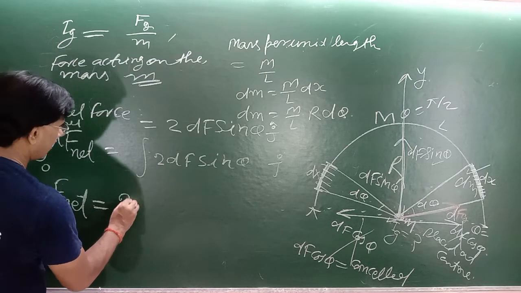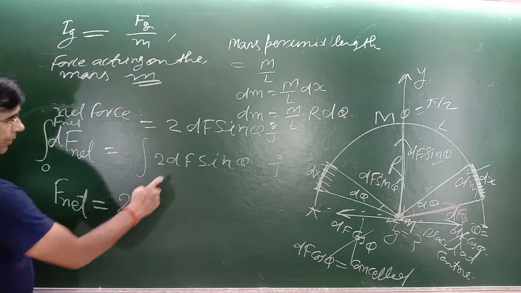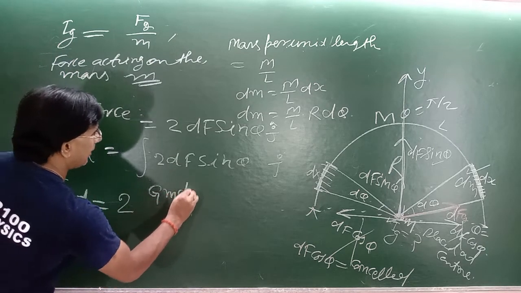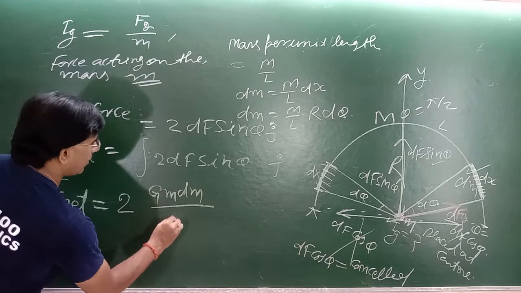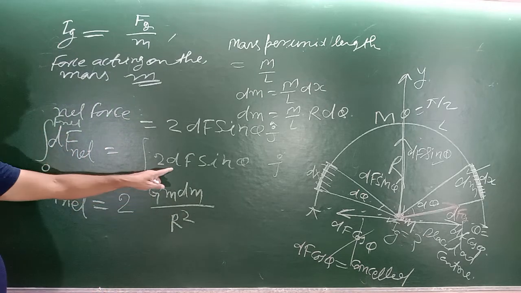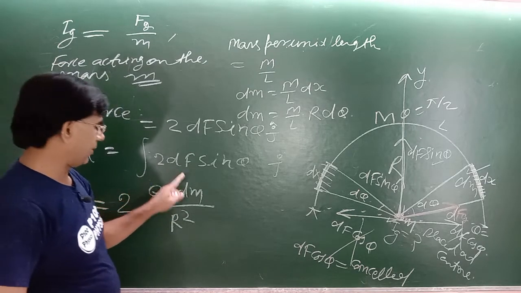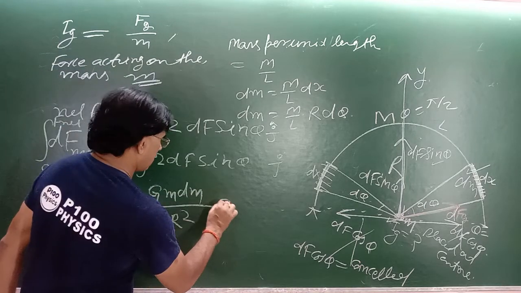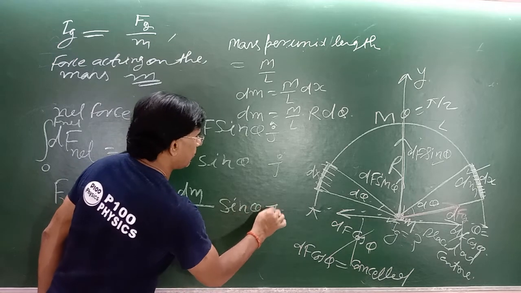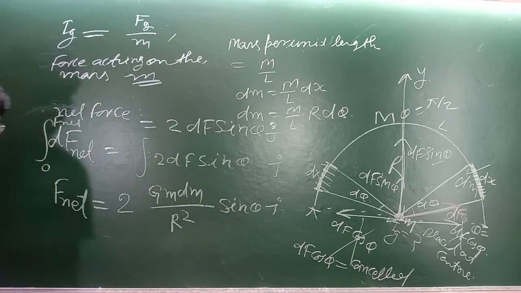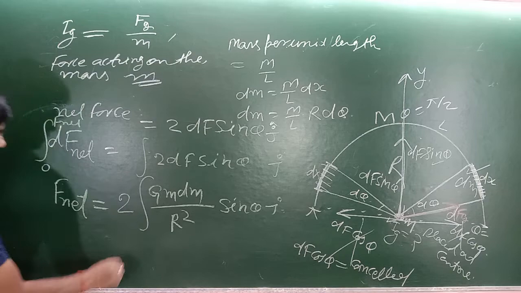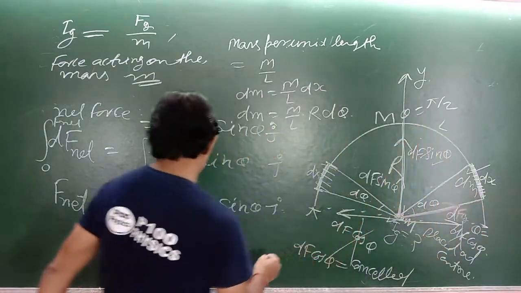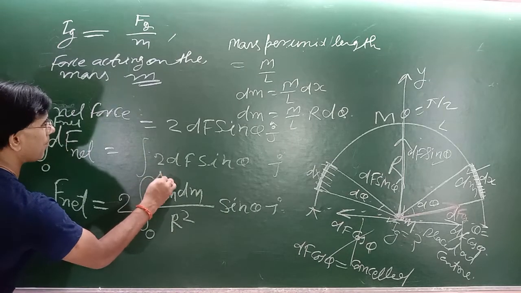Taking 2 common, taking 2 out. df equal to G m dm upon r square. Keep in mind this df. So df equal to G m dm by r square sin theta into j. Now integrating this from where to where? From 0 to pi by 2.